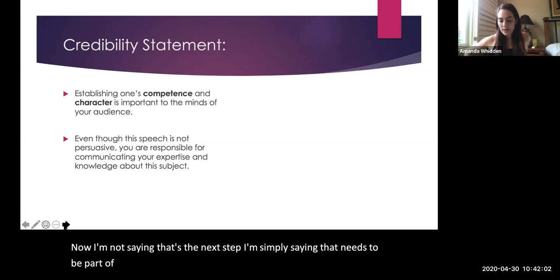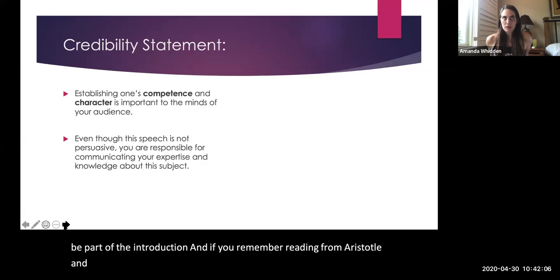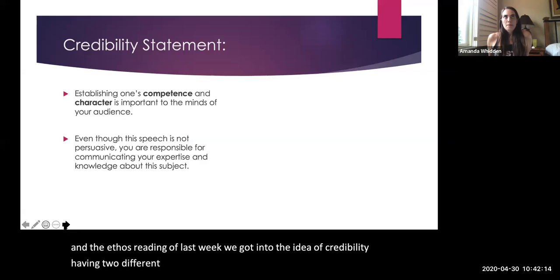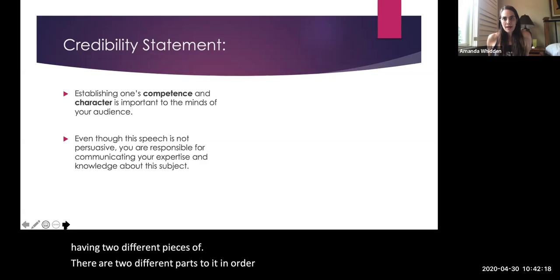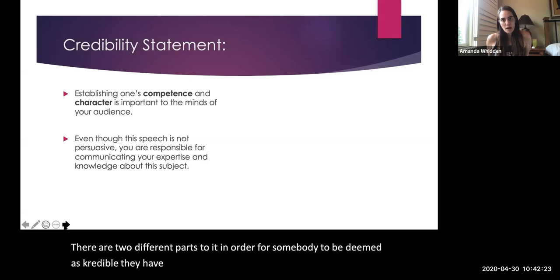If you remember reading from Aristotle and the ethos reading of last week, we got into the idea of credibility having two different parts. In order for somebody to be deemed credible, they have to contain both competence and character.